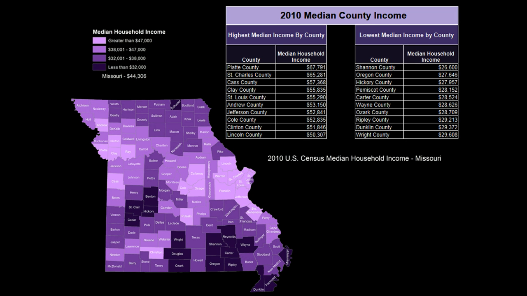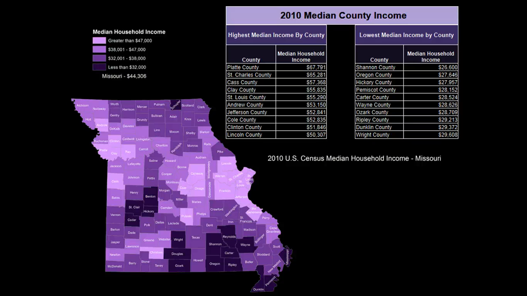You often see median used in describing incomes, and this is a map showing the information from the 2010 census about median income by county in Missouri. The reason why median is usually used as a description of a center for income is that it only takes one income that's very, very high to completely throw off a mean.